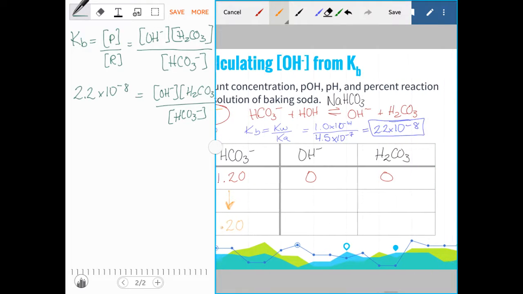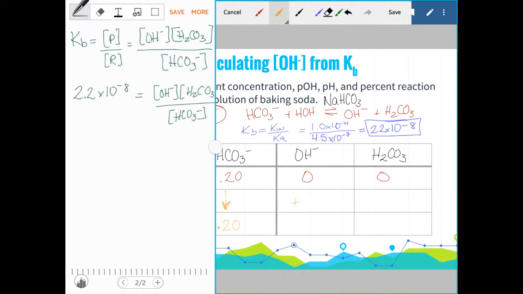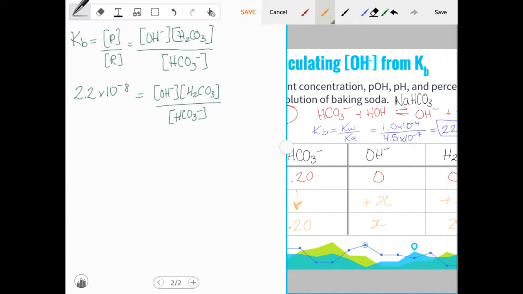Okay, now when we think about it as well, this is going to be increased by x, and this will be something you remember from your acid ionization constant calculations, meaning that this is going to be x, and there we go, x. Okay, so we have x and x for our two product entities, which means that we can then plug this into this equation as 2.2 times 10 to the negative 8 equals x times x.